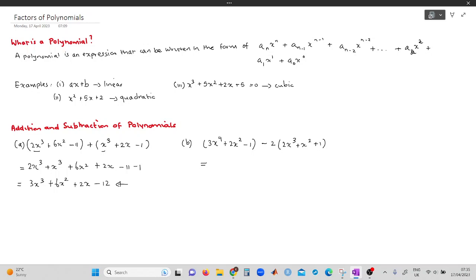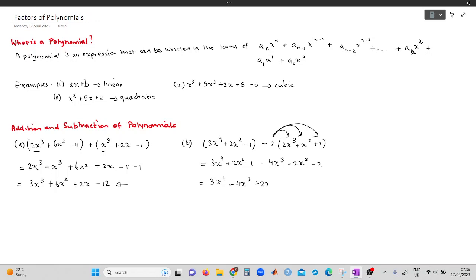So here, firstly, you will have to expand the second one. Look here, minus 2 multiplied by 2x to the power of 3 gives me minus 4x cubed, minus 2 times x squared, minus 2x squared, minus 2 times 1, which gives me minus 2. Now I will put the like terms together. 3x to the power 4 remains the same. I have nothing in x cubed, so it remains like that.